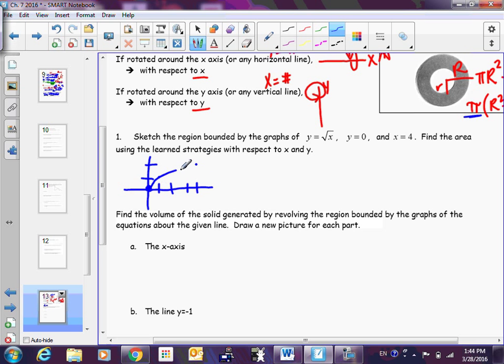We could keep going, but considering that y equals 0, which is the same as the x-axis, and x equals 4 is another boundary here, I'm going to stop there. Let's review how to find the area of that shape, because I want to lead you into showing you that volume has a lot to do with how we found area.